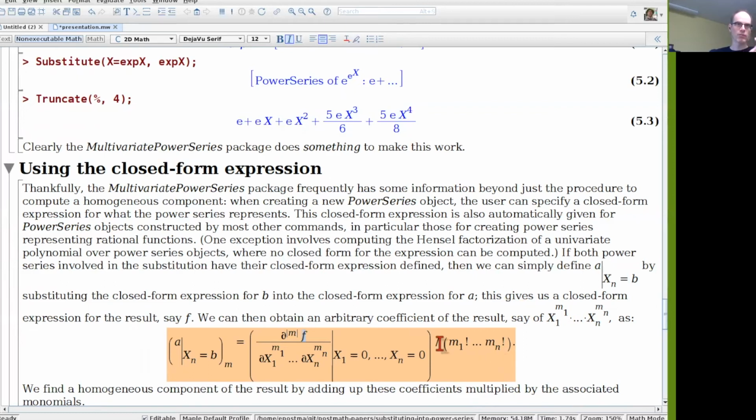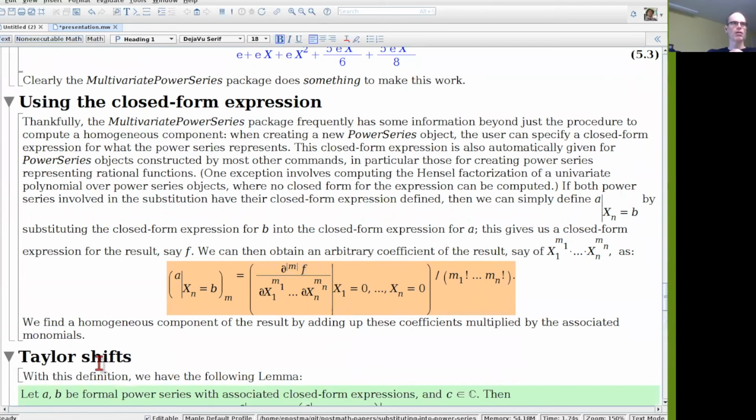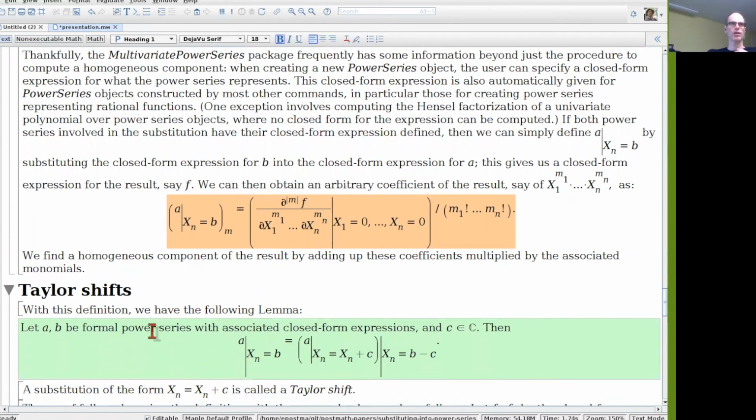So if we divide that out, we get the right coefficients, and we find the homogeneous component by adding up these coefficients multiplied by the associated monomials. Great. So problem solved, right? Well, there is a clever trick that we can do to make this more widely applicable, which is the following.